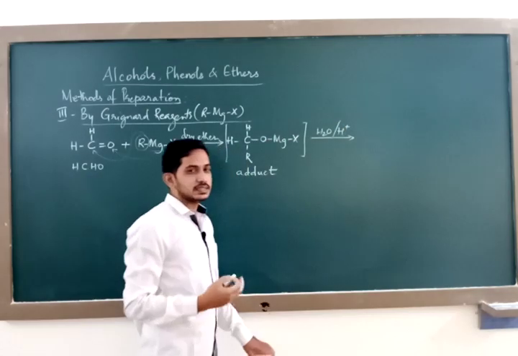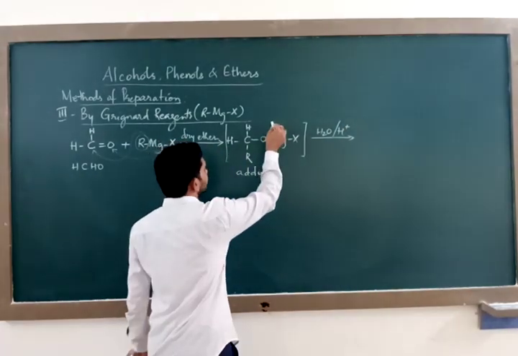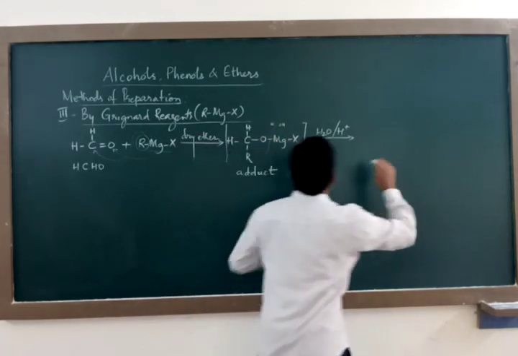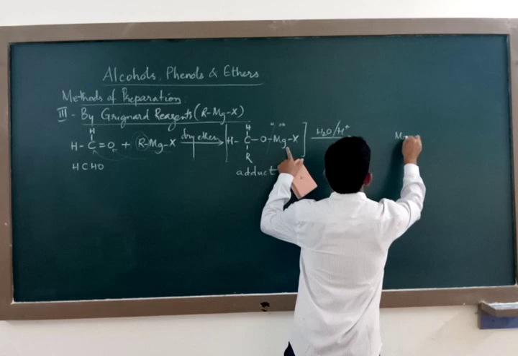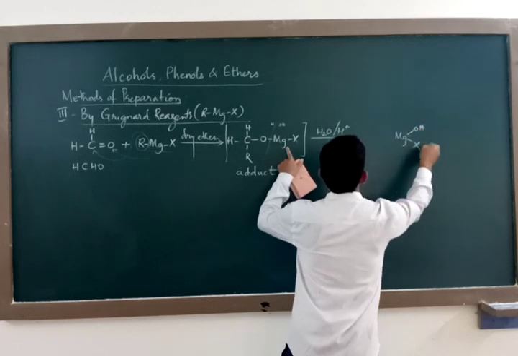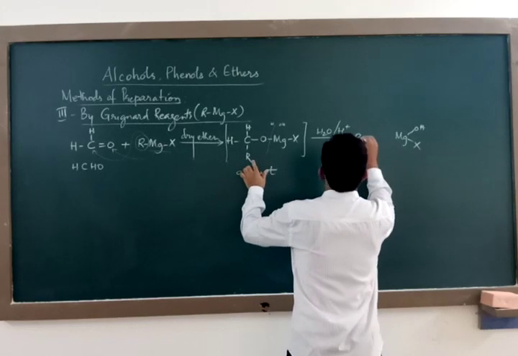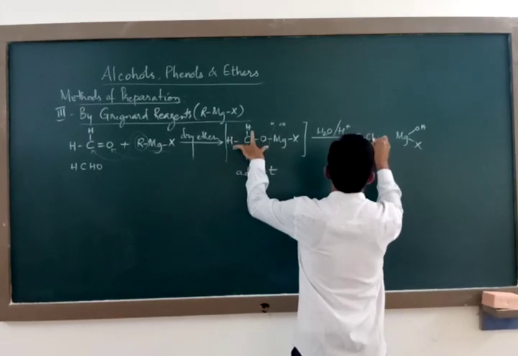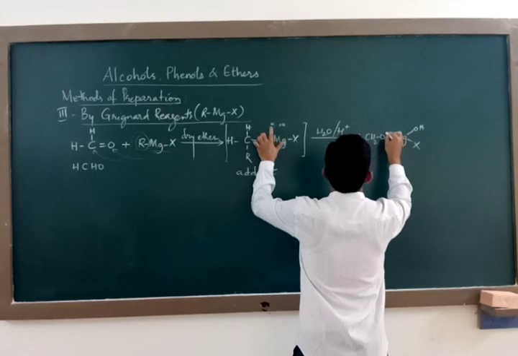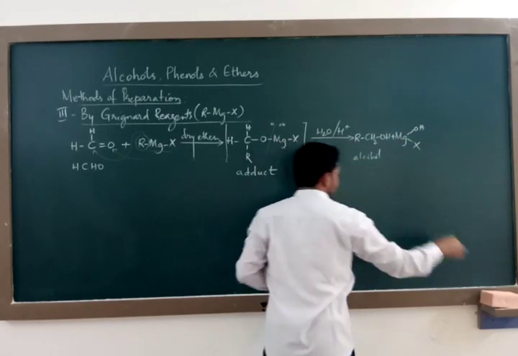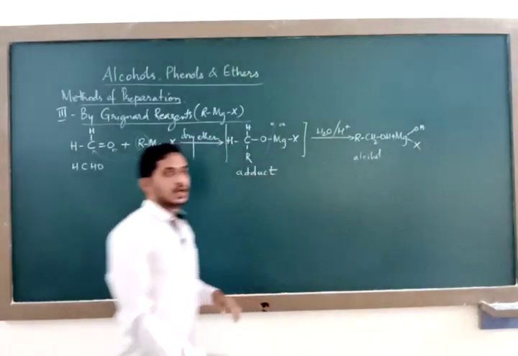We call this acid hydrolysis. You break the bond here, add H here, OH here. One byproduct is Mg, OH and X. The other is R'CH2OH.